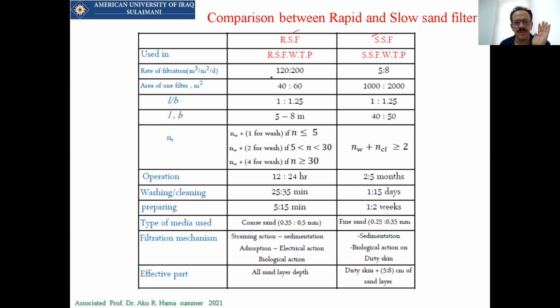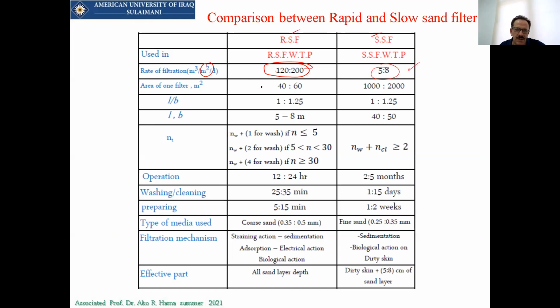This is why it's high rate: every 1 square meter of this filter is capable of filtering 120 to 200 cubic meters per day, while for the slow sand filter, just 5 to 8 cubic meters per day will be used. So it means that this is used for a very low density pollution area.